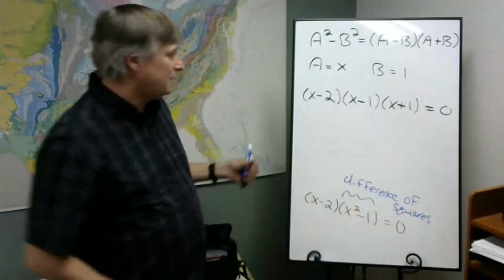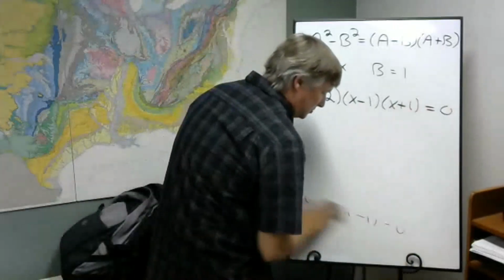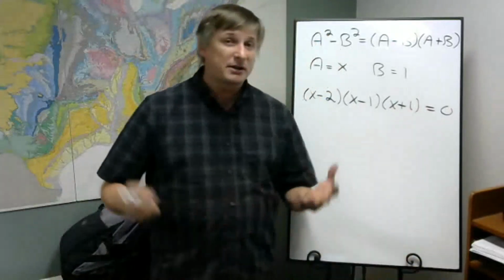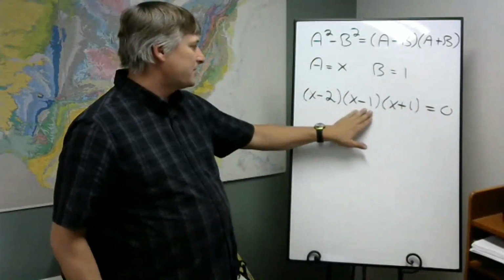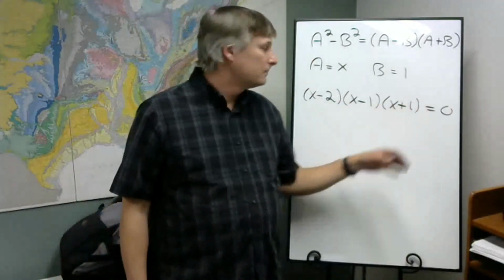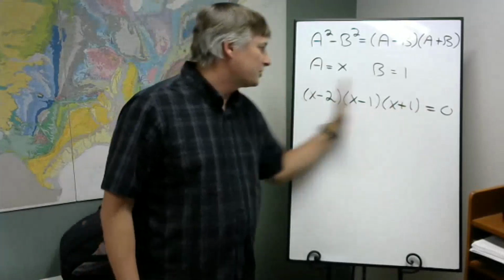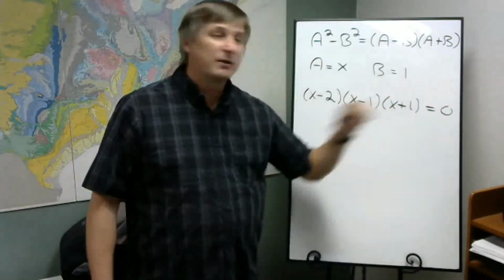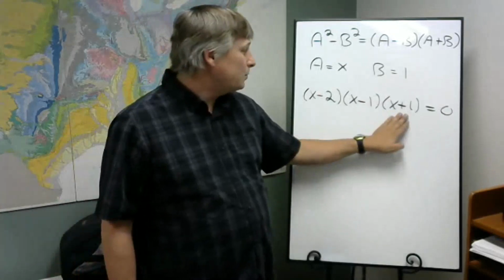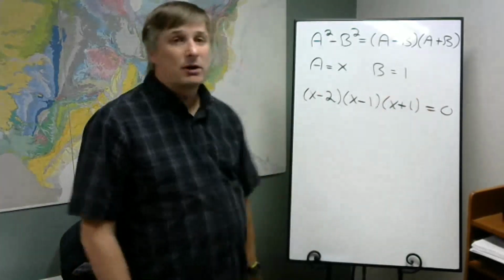Now, in this case, the zero product property has a product of 3 things, say a first binomial, second binomial, third binomial. If this is 0, it zeroes out everything else. If this is 0, it'll zero out everything else. And if this was 0, it would zero out everything else.